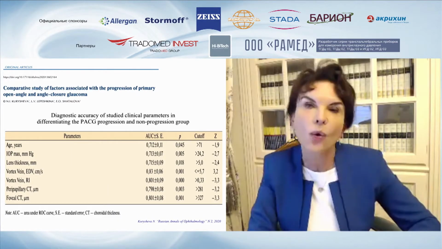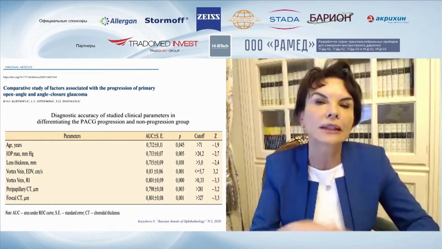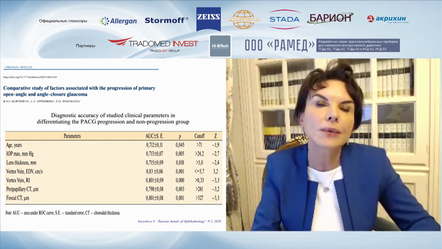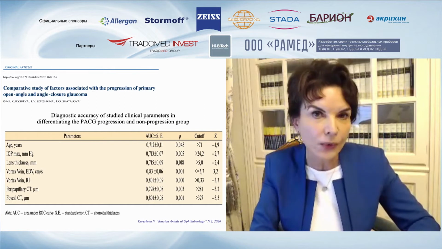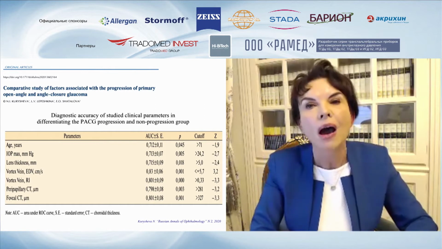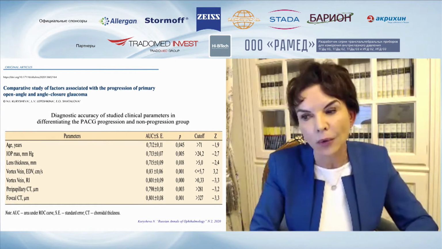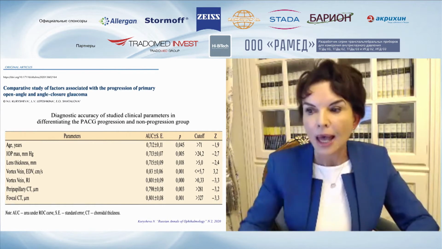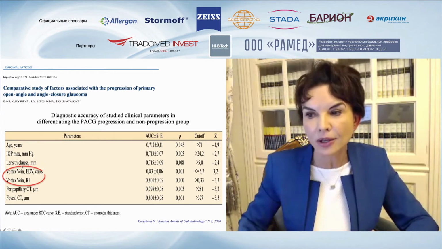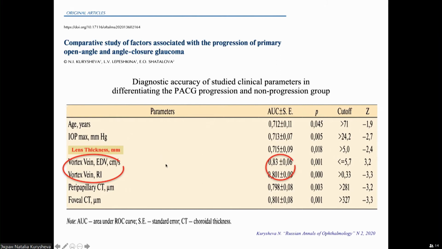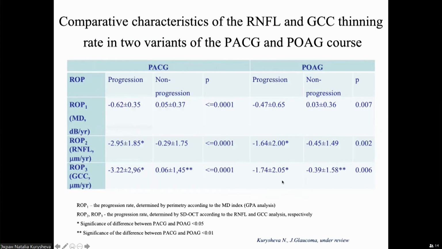So we have assumed that the lower the blood flow in the vortex veins, the more disturbances in the choroidal outflow, and hence, as a result, the thicker choroid that is associated with glaucoma progression. And please pay attention that lens thickness also plays a role in the progression of primary angle closure glaucoma.